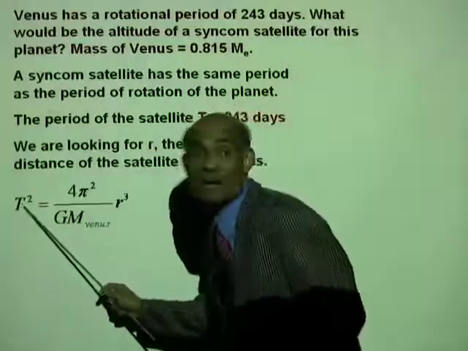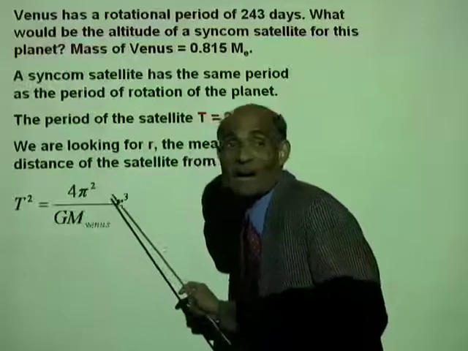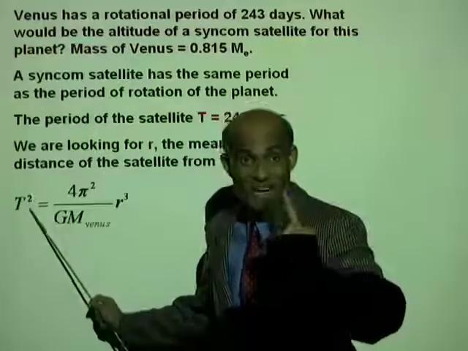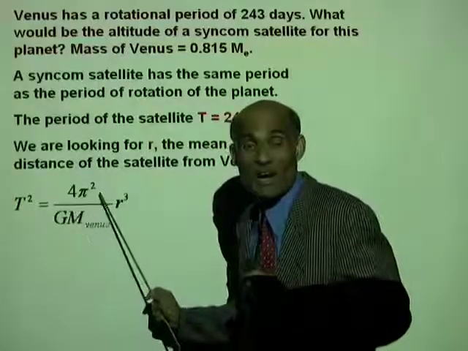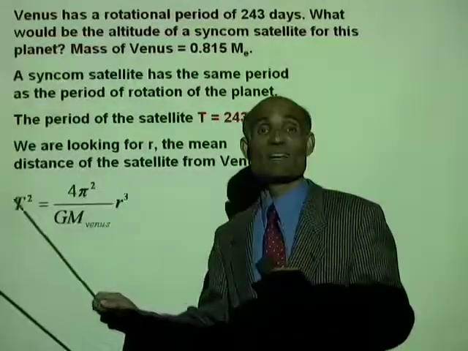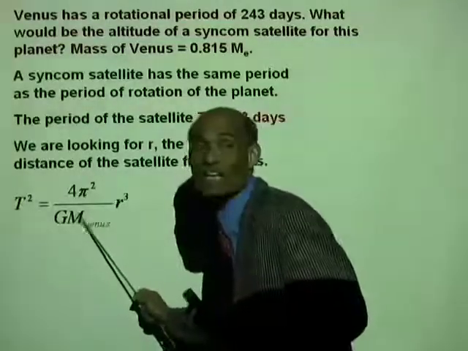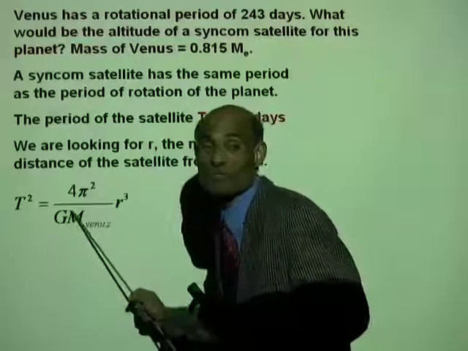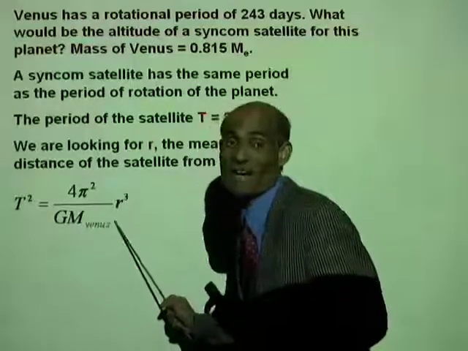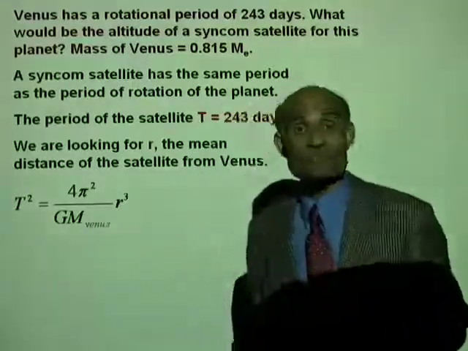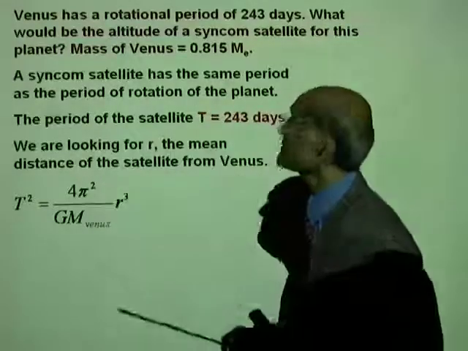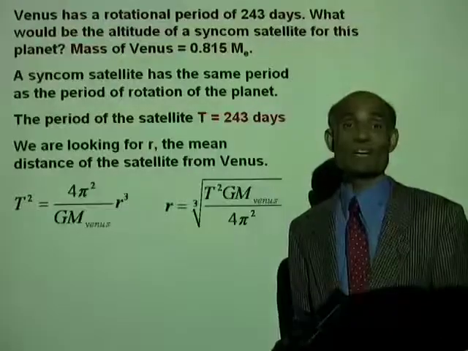So we have T squared equal to K times R cubed: the square of the period of the satellite equals K times the cube of its average distance from the planet. In place of the mass of the Sun, I use the mass of Venus, which is given to be 0.815 times the mass of the Earth.